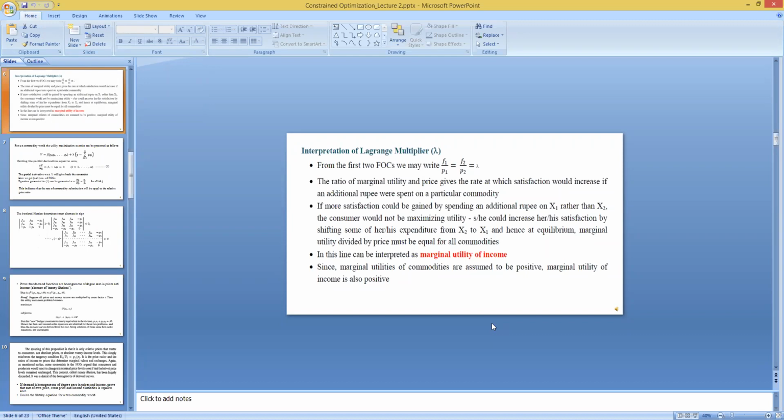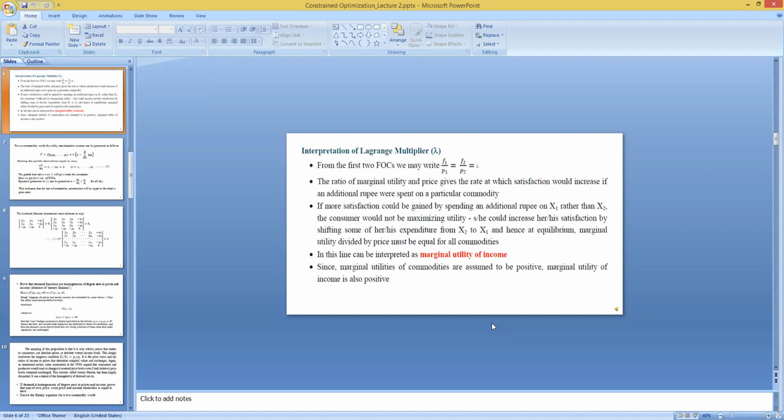Here, M has been treated as our income because the constraint is M equals P1x1 plus P2x2. That is, we are spreading our income in consumption of two commodities. Therefore, when we are considering marginal utility in monetary terms, that is nothing but the marginal utility of the income I'm spending on a particular commodity.